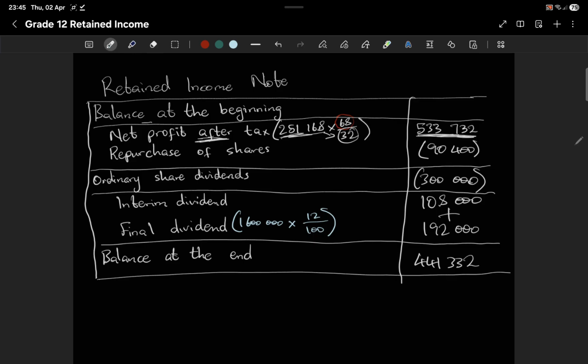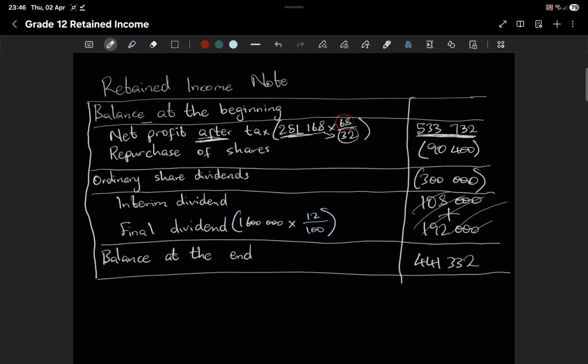Whenever you get the balance at the end and you are not given the balance at the beginning, you will say balance at the end. Remember, this one you don't check them because the final answer of them is the 300,000. When you were going down, you were minusing the ones in brackets and adding the ones that don't have brackets. Now when you go up, it's the opposite.